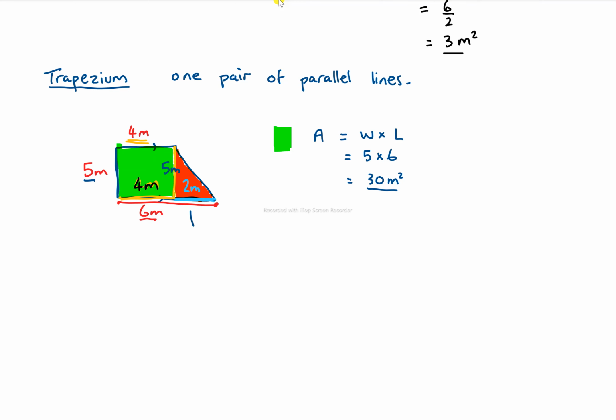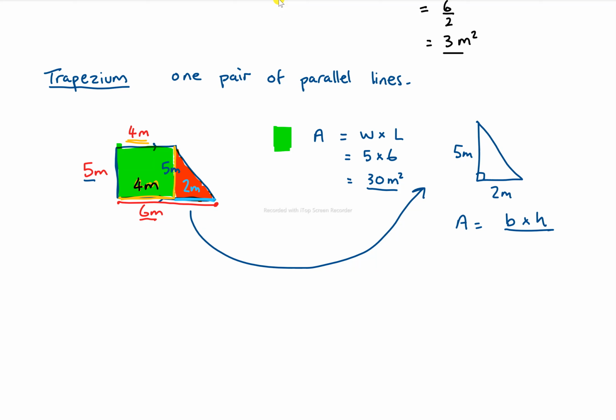So now I'm going to draw that over here just to help me. The height is 5 meters and the base is 2 meters. And what did we say the area is? Area is base times height divided by 2. This is the base because the triangle is sat on it. This is the height because this is how tall it is.